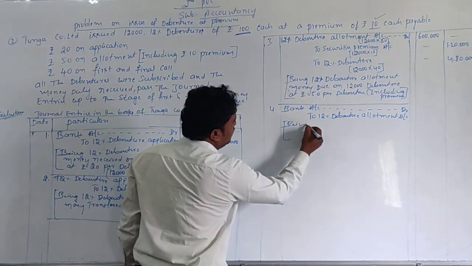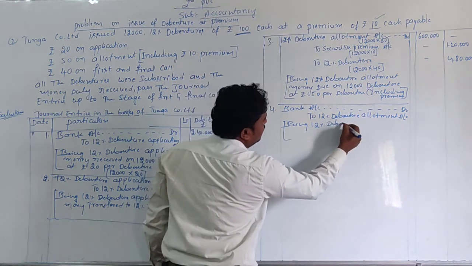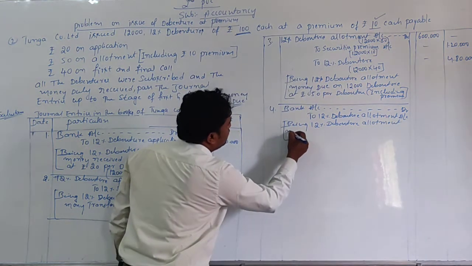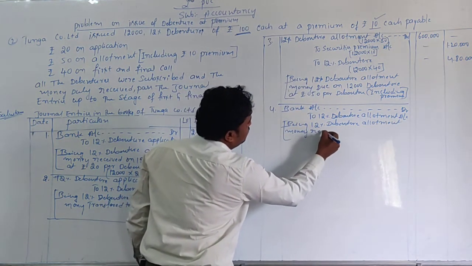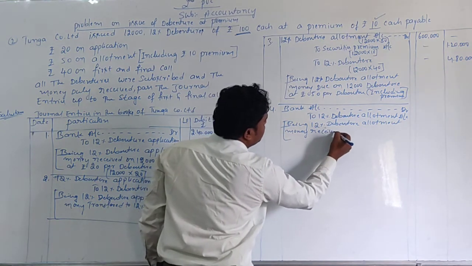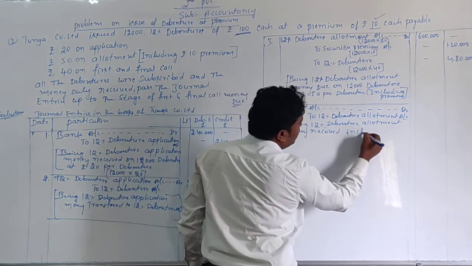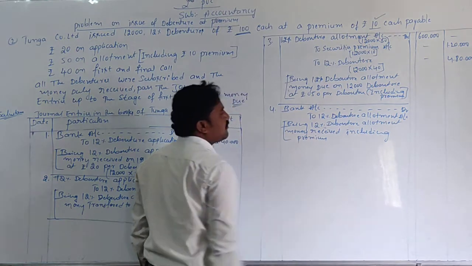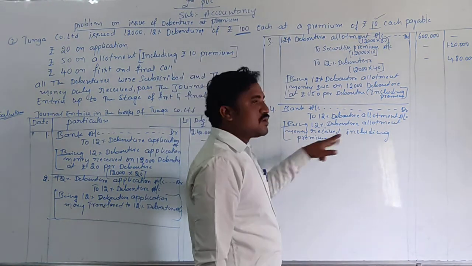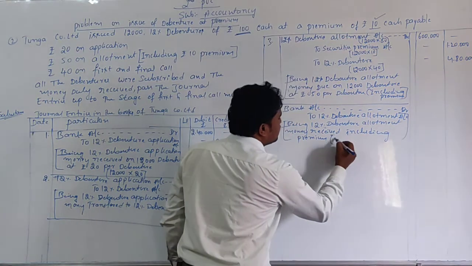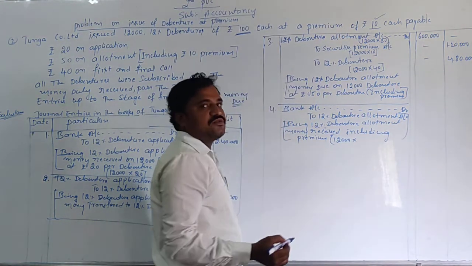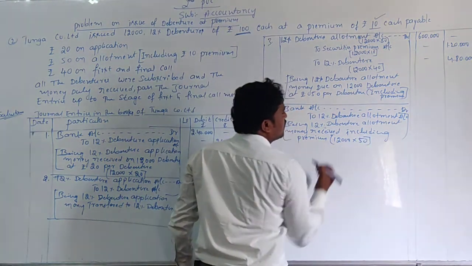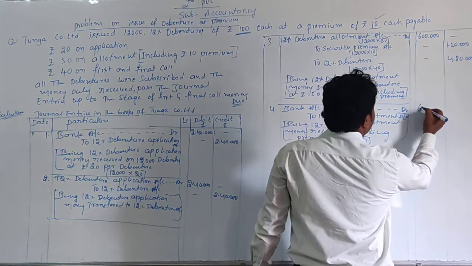Narration: being 12% debenture allotment money received including premium. Total debentures 12,000 into actually 40 rupees allotment, then including 10 rupees premium, total 50, becomes 6 lakhs.